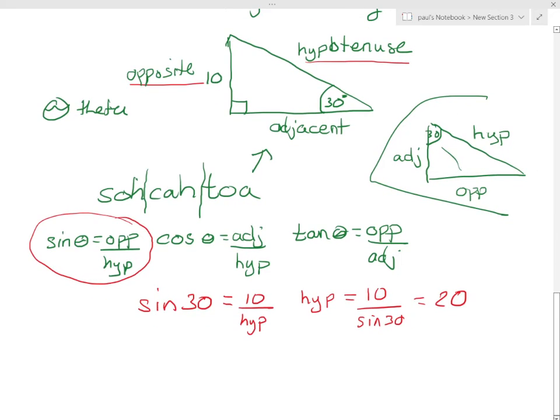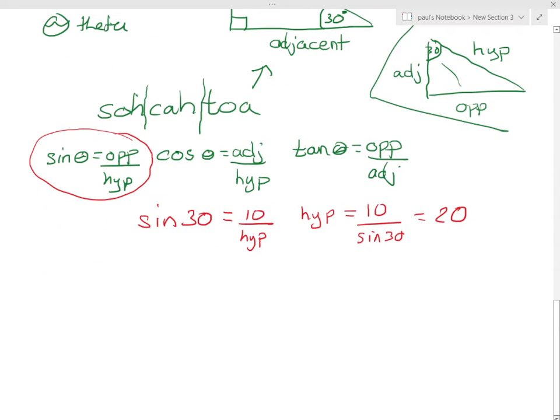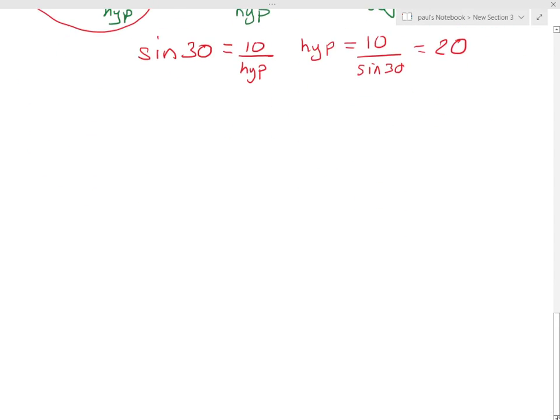I'm going to do another one. We're going to find another side. So that was finding the hypotenuse. Let's do another one. We'll still do the same angle, but this time we want to find this one. And we know that's 4, and we know that's 7.